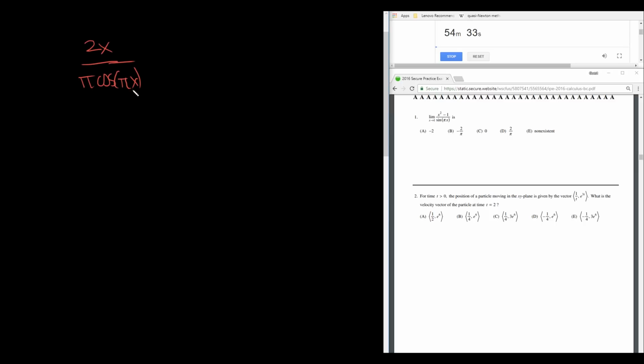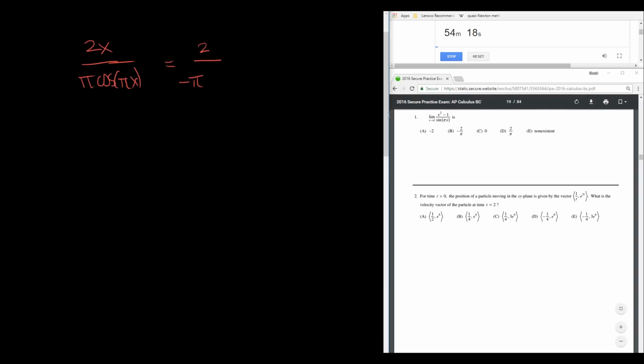So the limit as this approaches 1, I'm just doing sloppy substitution here, is 2 divided by pi, and then the cosine of pi times 1 is -1, so negative 2 divided by pi. That is correct, right? It's a cosine of pi. Okay, so question 1 is going to be B.